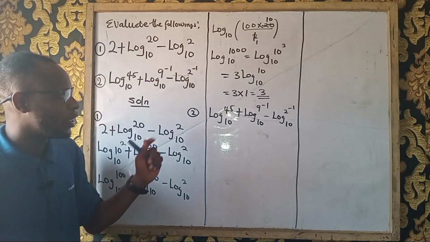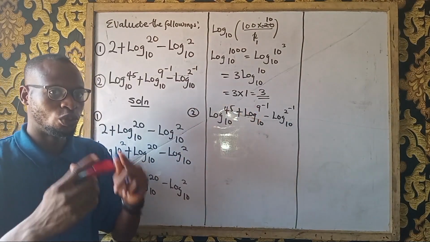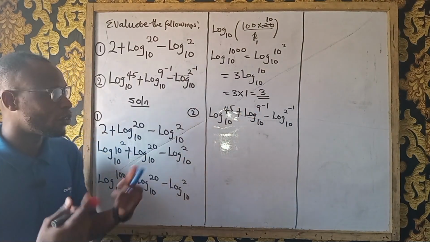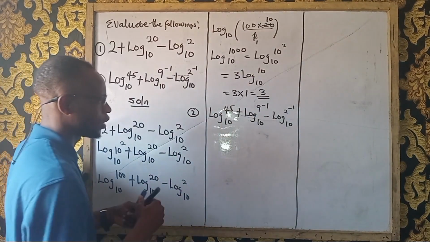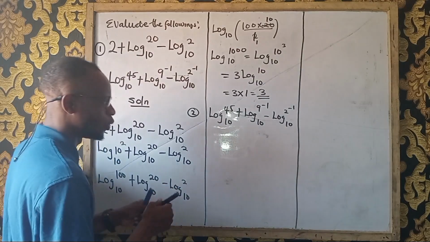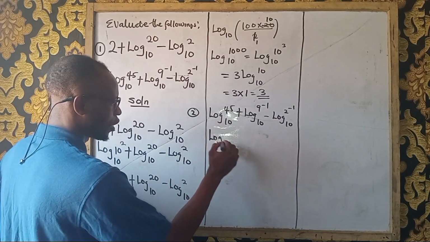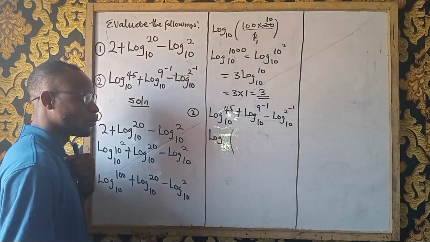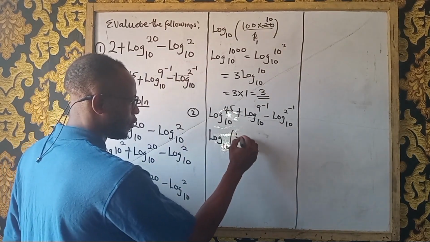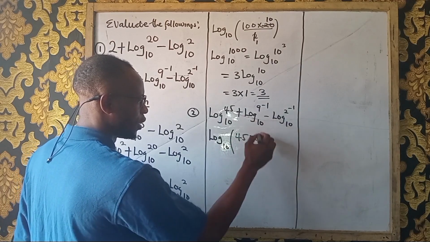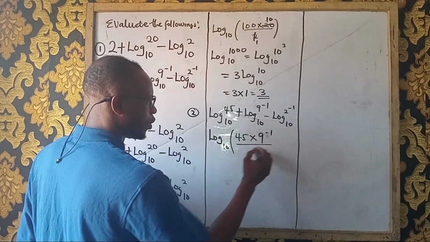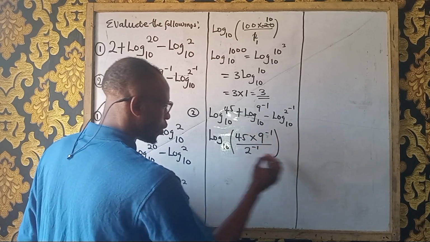The first way is you can solve direct the way it is, or you abide by the power law of logarithm. So let's solve direct the way it is. Since they have log 10 in common, we are going to have log in base 10, open a bracket, 45 times 9 raised to power minus 1 all over 2 raised to power minus 1.